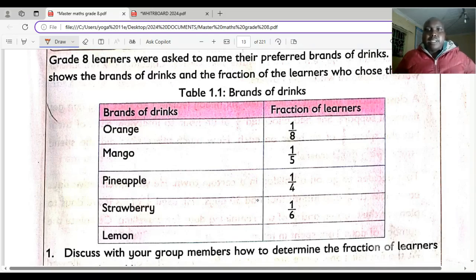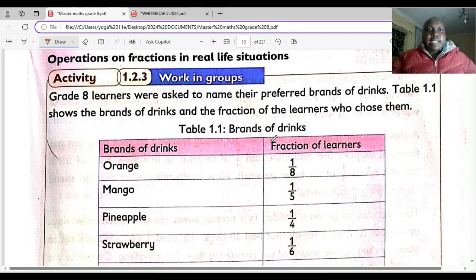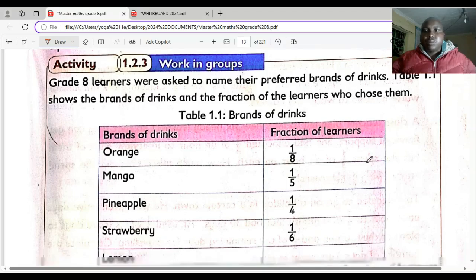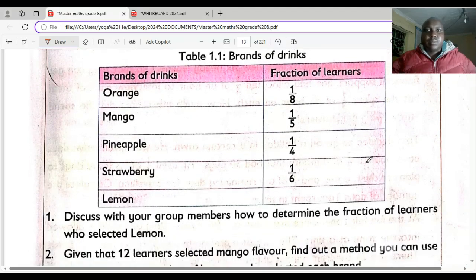So let's look at this example here. Grade 8 learners were asked to name their preferred brand of drinks as shown in the table. Orange 1 over 8, mango 1 over 5, pineapple 1 over 4, with a fraction for lemon. The fractions total is equal to 1. When you add all of the fractions, the answer should be equal to 1.